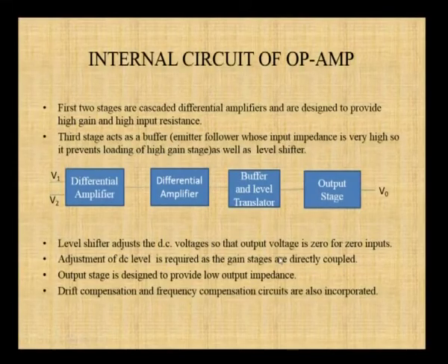Next is the internal circuit of the operational amplifier. It has 4 stages. The first 2 stages are differential amplifier circuits, which provide high voltage gain and high input impedance. This is the very basic necessity of an operational amplifier.